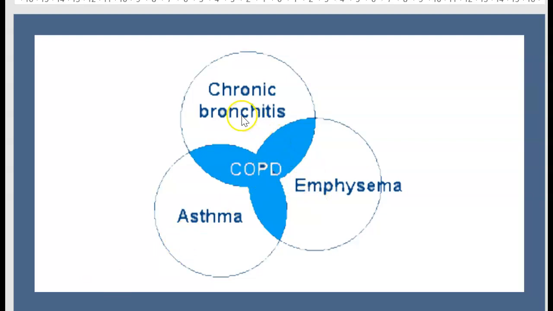Emphysema, chronic bronchitis, and asthma, intersection is COPD. The DLCO allows us to make the diagnosis of emphysema as opposed to chronic bronchitis and asthma.